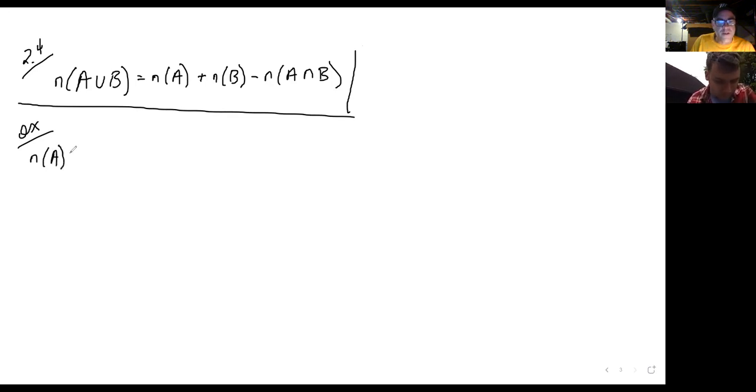We're given the cardinalities of a bunch of sets. We're going to have cardinality of A is 57. Cardinality of A intersect B is going to be 35. Cardinality of A union B is going to be given to be 81.